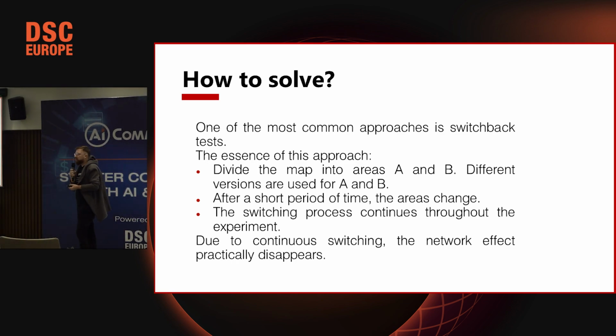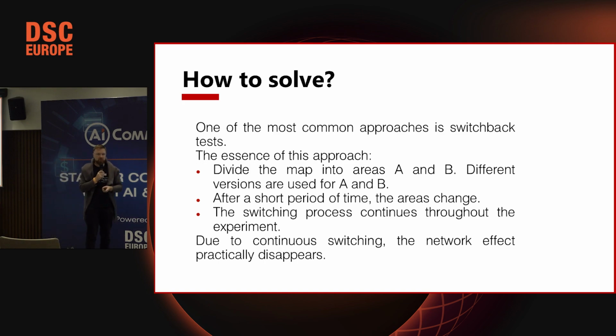In a general way, we want to switch between version A and version B randomly, and for example, for a taxi service, we can divide our map into different versions, for group A and for group B, and randomly switch between these versions.